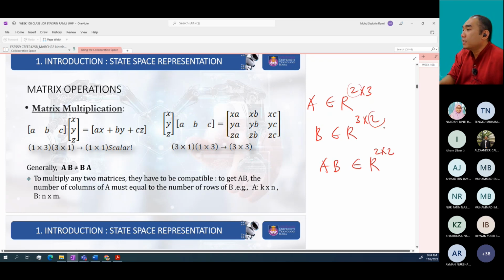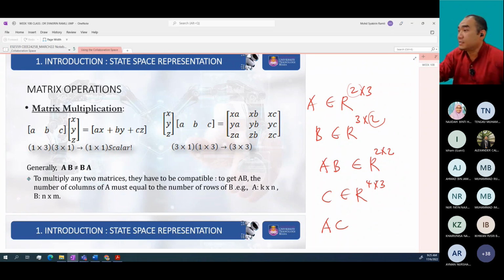Dan katakan kita ada matriks C, dimension dia adalah 4 kali 3. Jadi kalau kita nak darabkan A darabkan dengan C, kita tak akan dapat lah. Kan sebab apa tak dapat? Ini 2 kali 3 darabkan dengan 4 kali 3, the dimension is not compatible. So when the dimension is not compatible, you cannot do the multiplication.